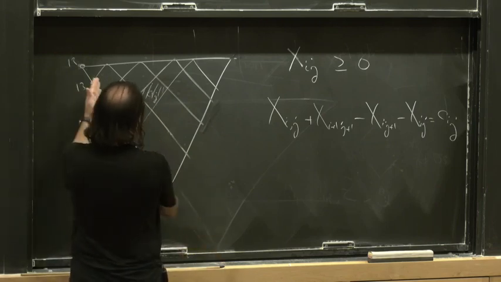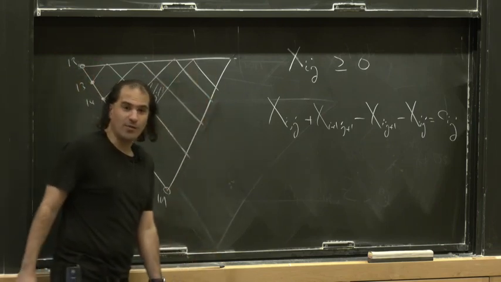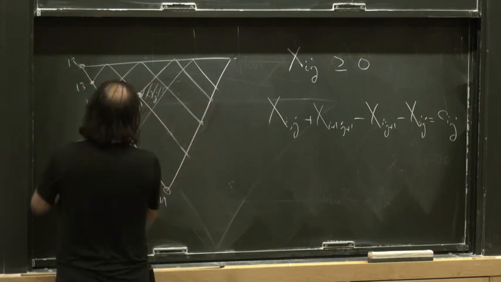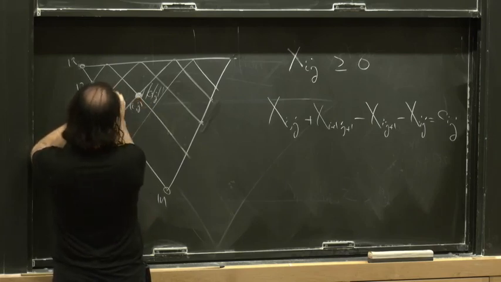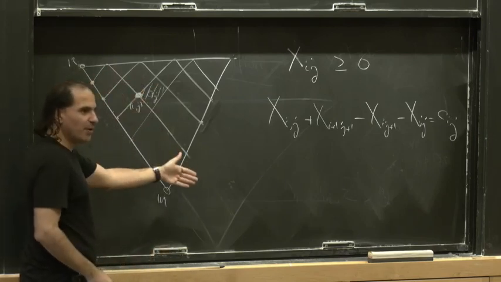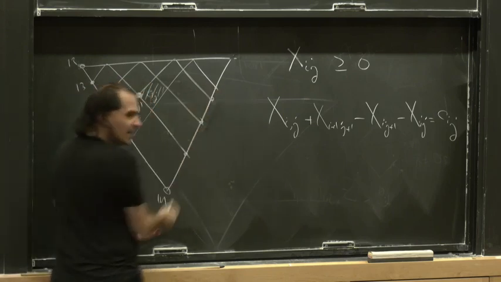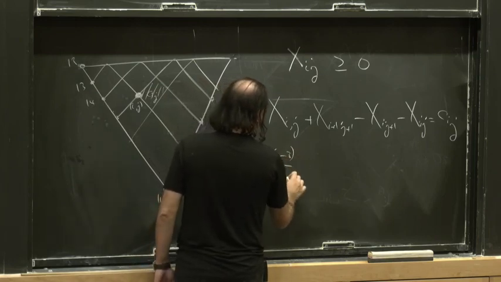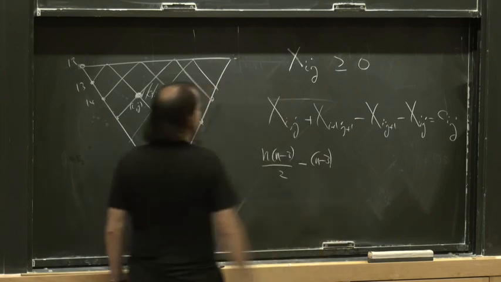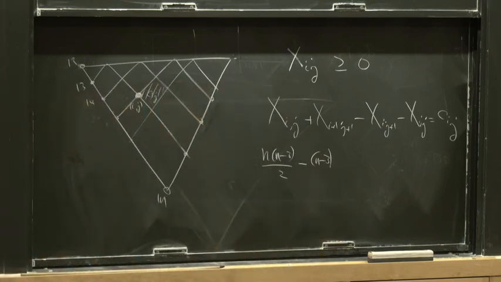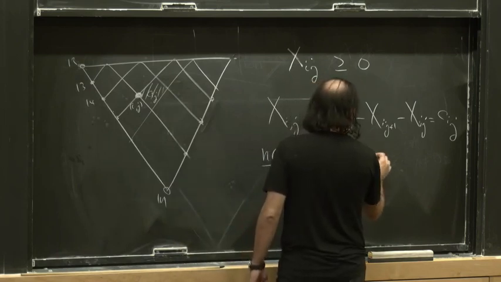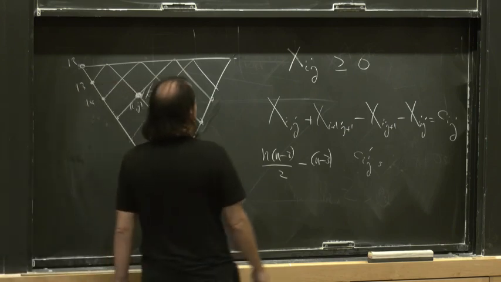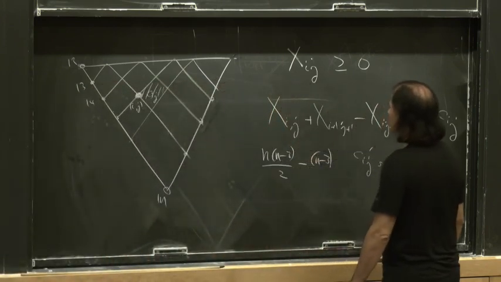And so you see that the number of these C's is smaller than the number of X's, precisely because I'm associating a mesh to the right of every variable, except there's no right to the variables at the end. So I have precisely n(n-3)/2 minus (n-3) of the Cij's, just the ones that I see in this mesh.